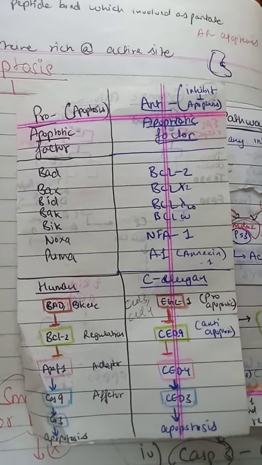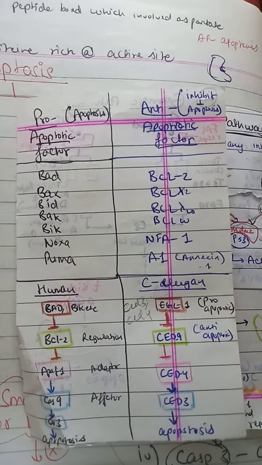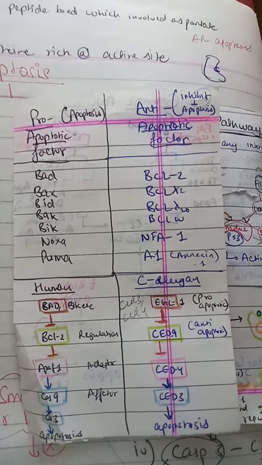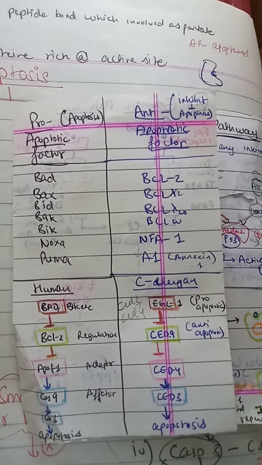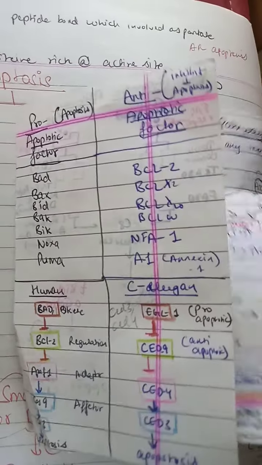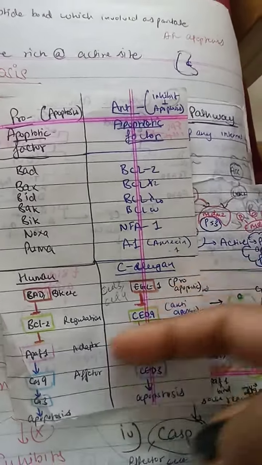Okay, so these are the pro-apoptotic factors, which help apoptosis, and anti means it will inhibit.